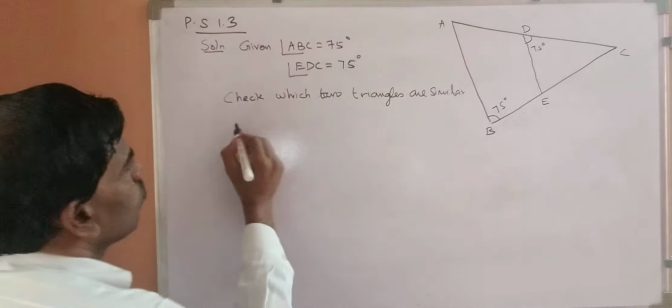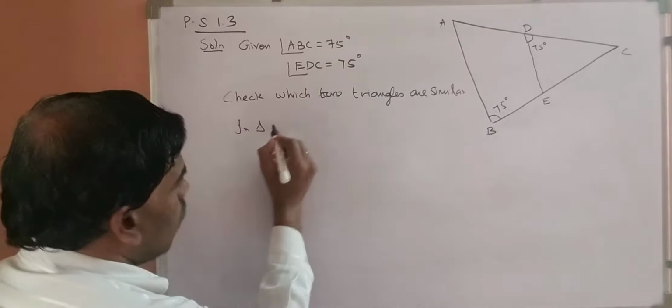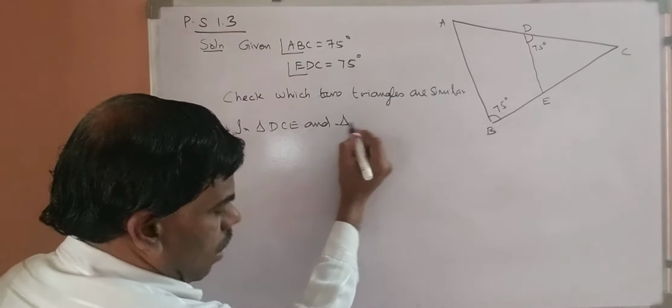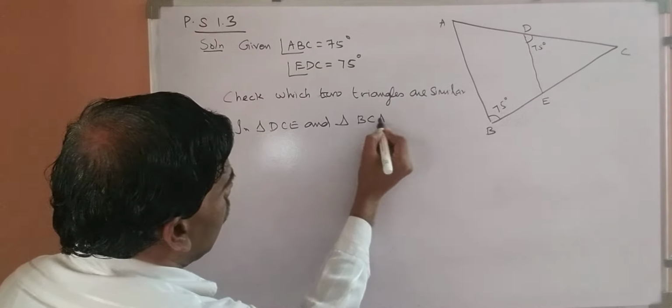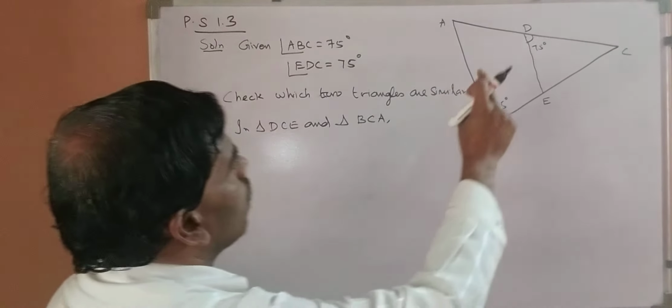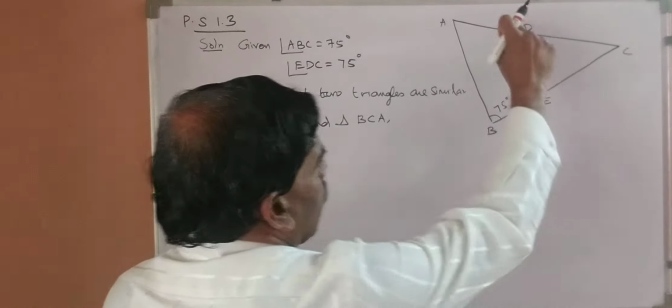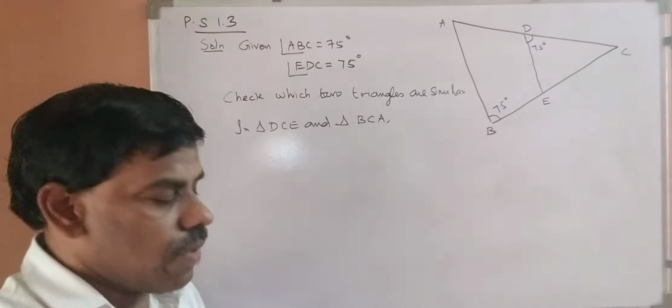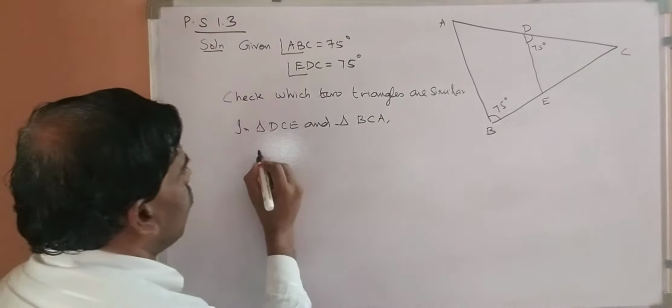Now, in triangle DCE and triangle BCA, these two triangles we are going to take. Now what is given?